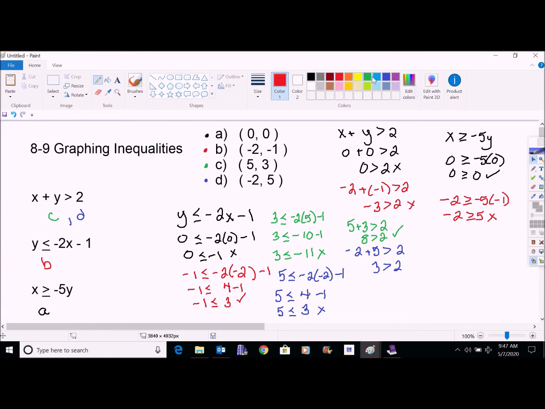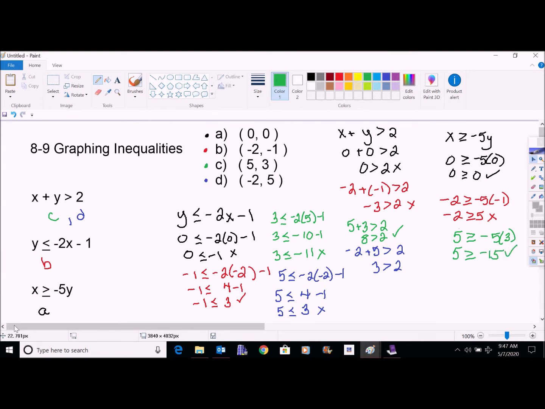How about C? We're on C, where x is 5 and y is 3. So checking to see if 5 is greater than or equal to -5 times 3. 5 is greater than or equal to -15.